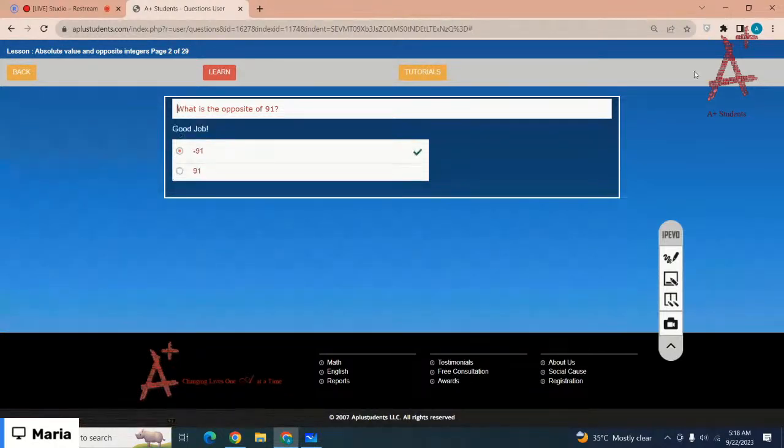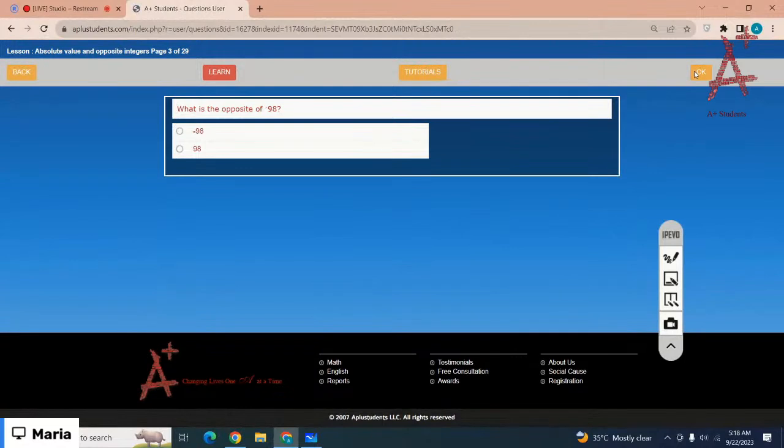The same number with the negative sign. What is the opposite of negative 98? The correct option is, yes, it is positive 98, right?